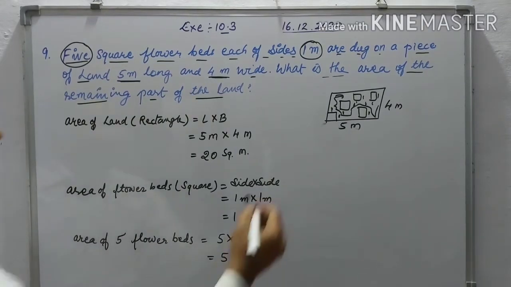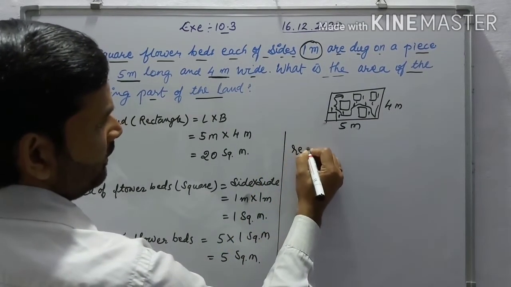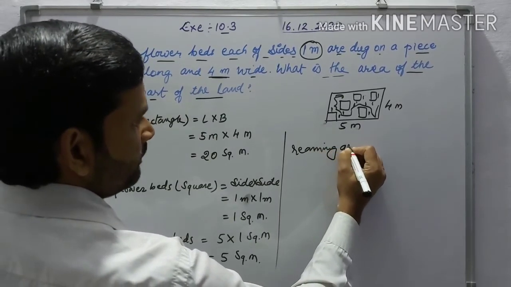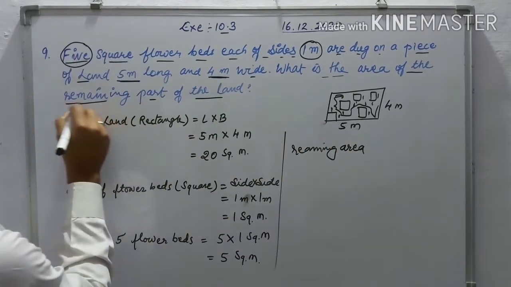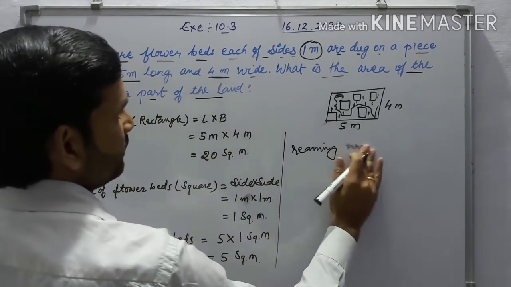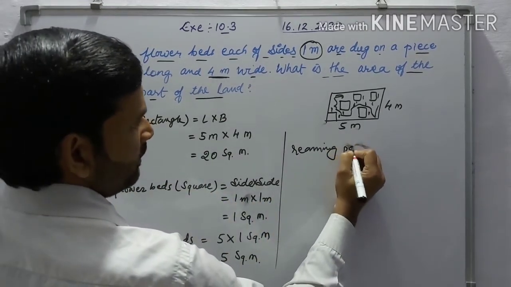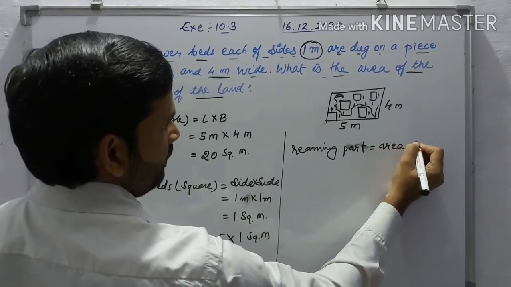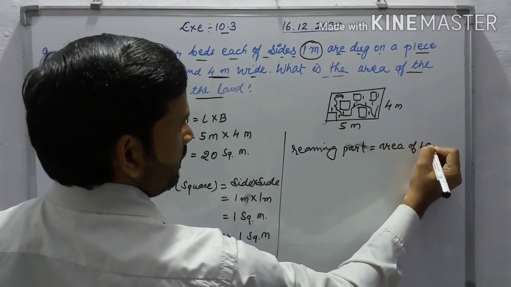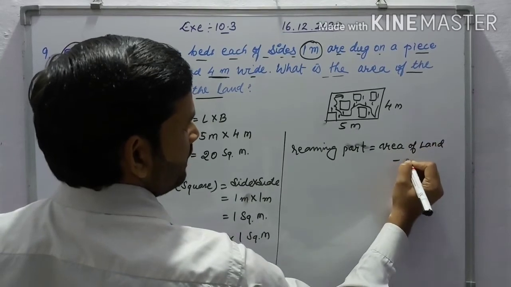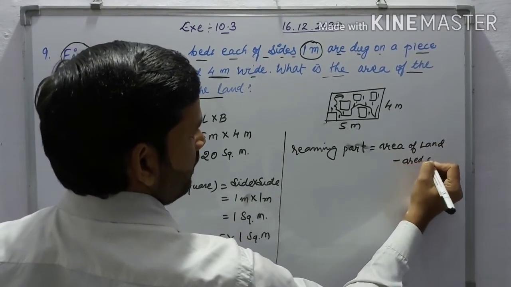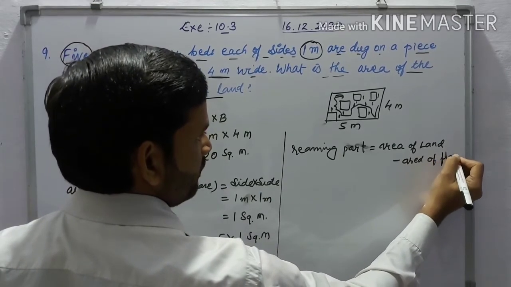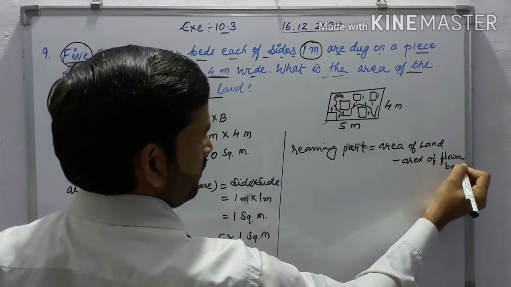Okay, now we write the remaining area. You find the remaining part, which is equal to the area of the land minus the area of the flower beds.